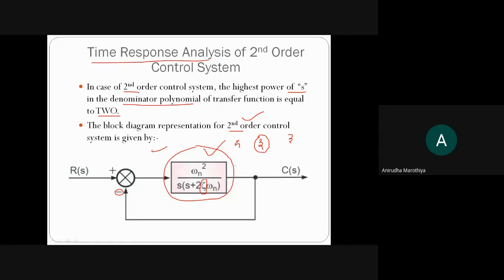So you need to implement that formula, which is nothing but g of s whole divided by 1 plus g of s into h of s, where g of s is this much, h of s is nothing but 1. And if you apply the logic, solve it, you will get some final answer as an output. So that value indicates the parametric function of this particular system, which is known as transfer function. Are you getting my point?